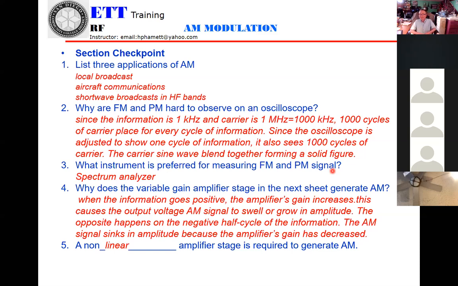So that's why you cannot display FM and PM on the oscilloscope. And what instrument is preferred for measuring FM and PM? That will be the spectrum analyzer.